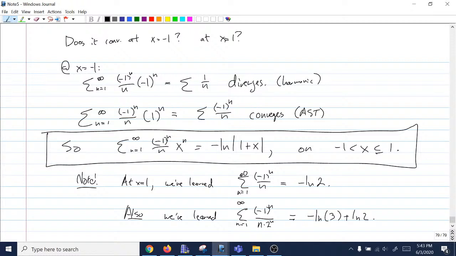Let's try a slightly trickier version. I'm not going to make the mistake of last time and write a version that I can't solve.